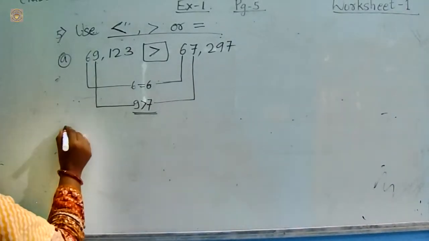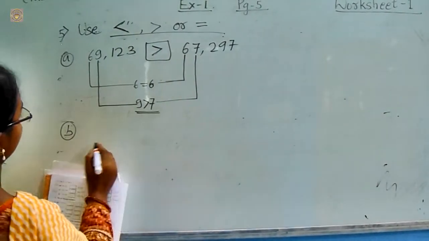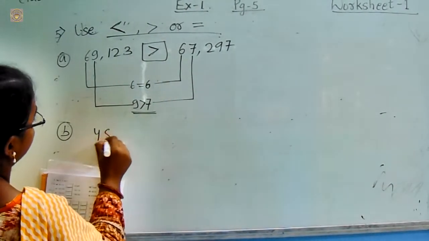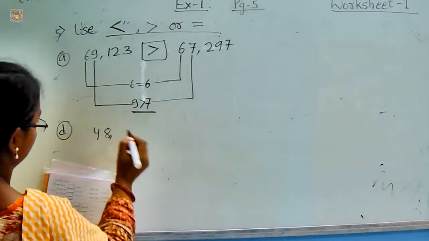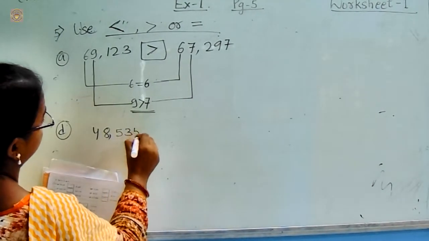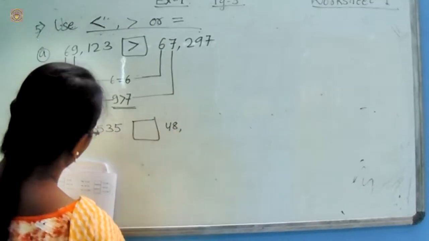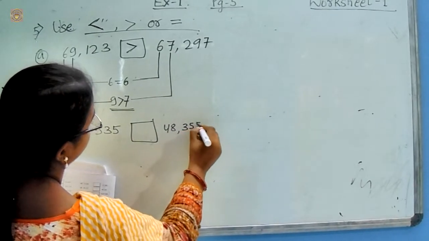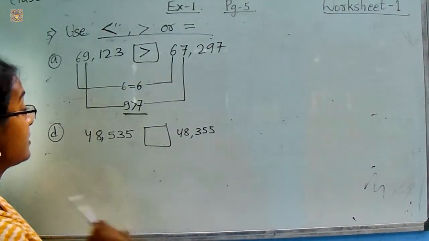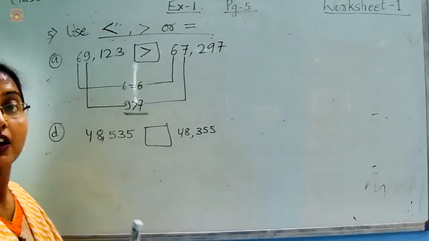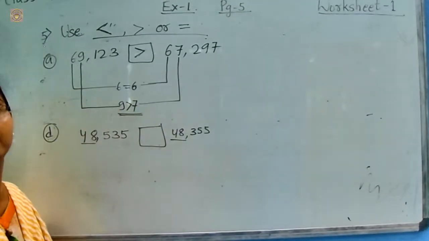I hope you understand. In the next example, D, 48,535 and 43,485. Look at these numbers, they are totally different. Don't be confused by both being 48,000.